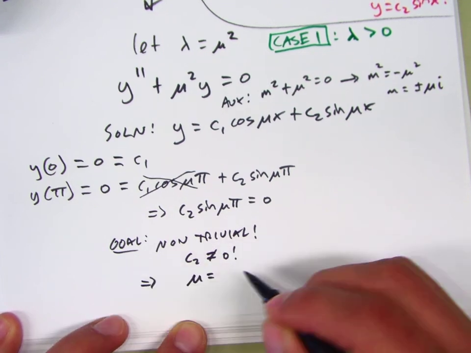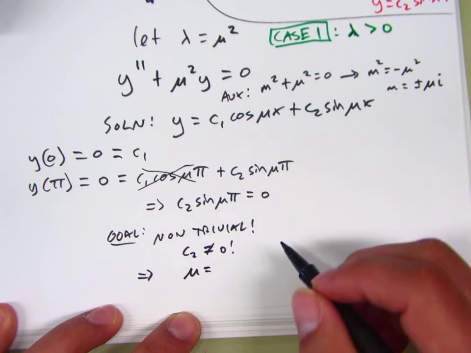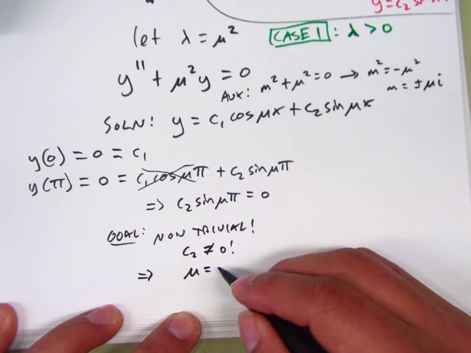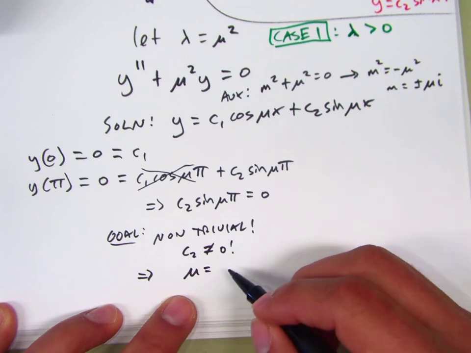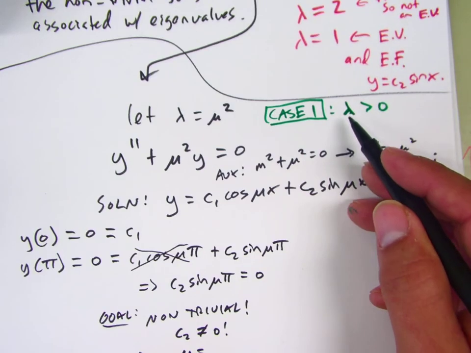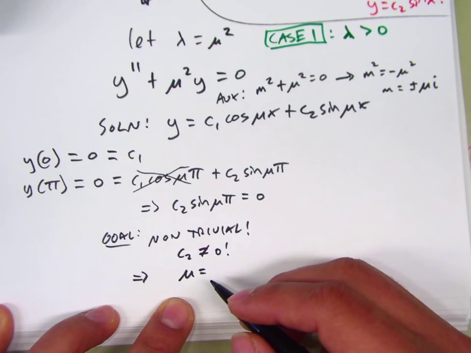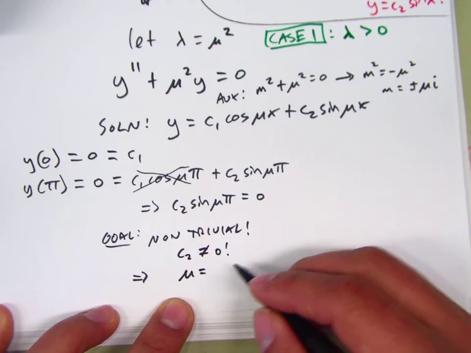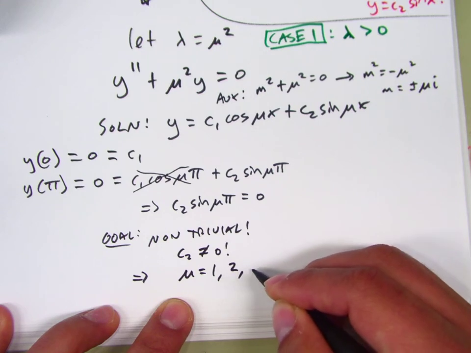What values of mu would make this equation equal to 0? Mu can't be 0, because by definition we have lambda positive. But you have the right idea. What's the first value that works? 1, 2 pi, 3, all the multiples of pi besides 0 pi.